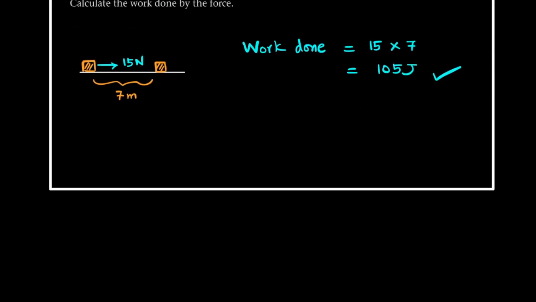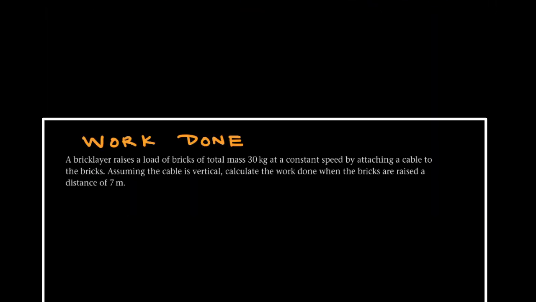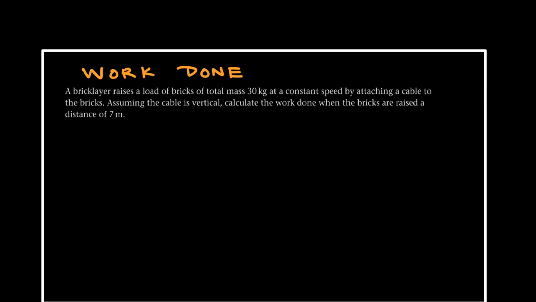Now, whichever force is doing the work, it's that force multiplying by the distance. This question says a bricklayer raises a load of bricks of total mass 30 kg at a constant speed by attaching a cable to the bricks. Assuming that the cable is vertical, calculate the work done when the bricks are raised a distance of 7 meters.